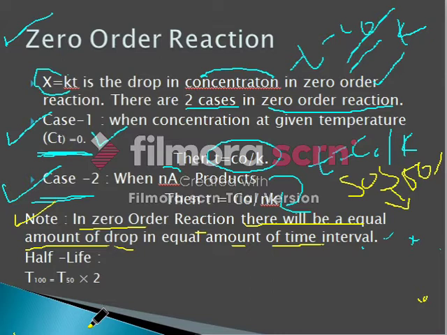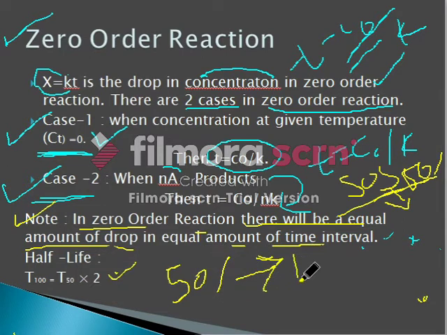So t100 equals t50 into 2. I said that 50% drop, let's think of it in 10 seconds, and another 50% drop in 10 seconds.